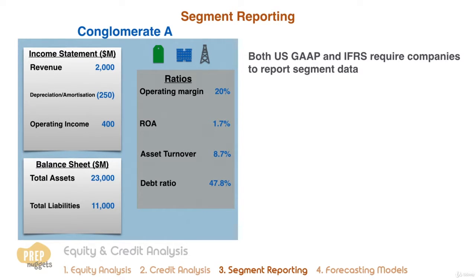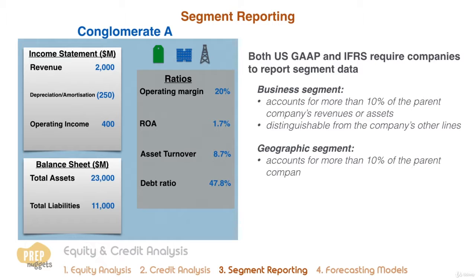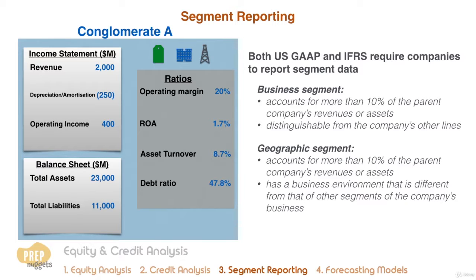By definition, a business segment is one that accounts for more than 10% of the parent company's revenues or assets and is distinguishable from the company's other lines. Geographic segments are also identified if they account for more than 10% of the company's revenues or assets and have a business environment that is different from that of other segments of the company's business.